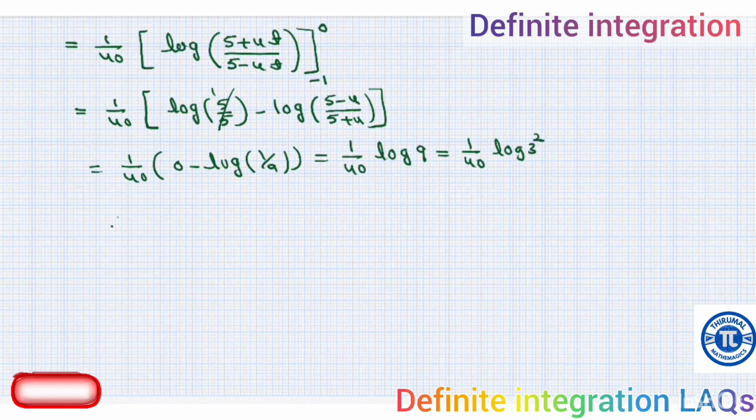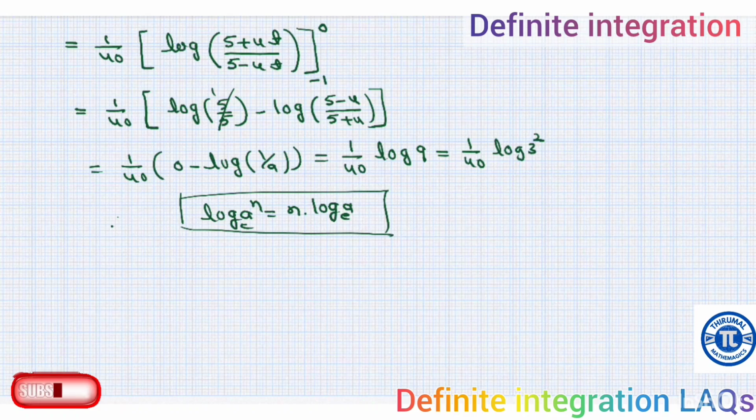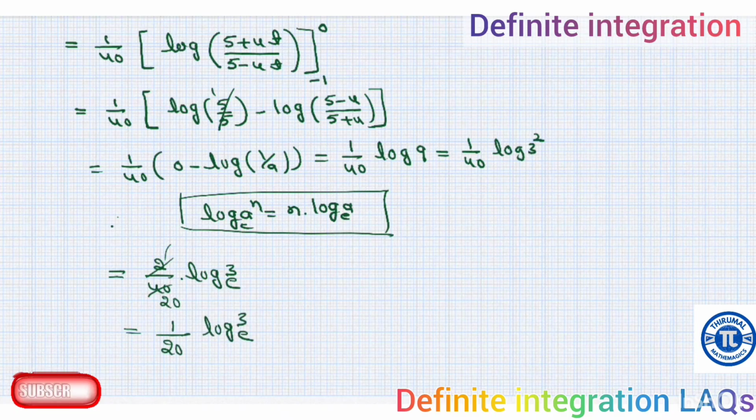Now log a power n is equal to n into log a base e. So it is 2 by 40 into log 3 base e. 2 ones are 2, 20s are, then we get 1 by 20 into log 3 base e.